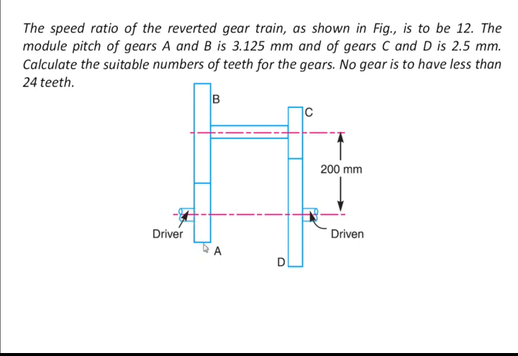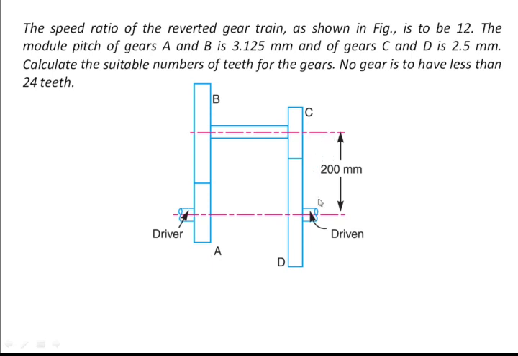Here A drives gear B and there is a speed reduction, and the reduced speed is supplied to the gear C, which is a compound gear with B. The speed at which B is rotating, at the same speed C will be rotating, and further C is engaged to a larger gear D. Thus there will be more reduction and we can achieve the required speed ratio.